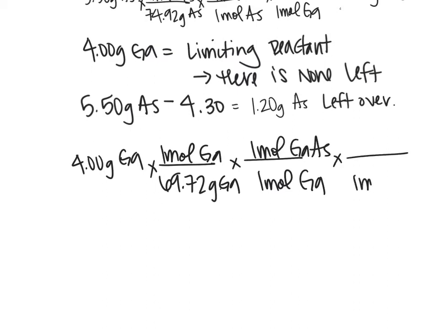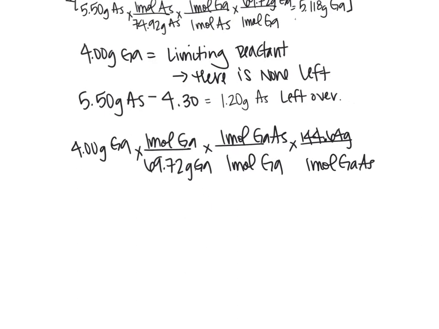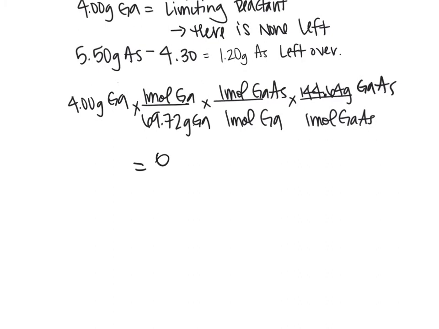And 1 mole of gallium arsenide weighs a total of 144.64 grams. So when we plug this into our calculator, we will get that there are 8.30 grams of gallium arsenide.